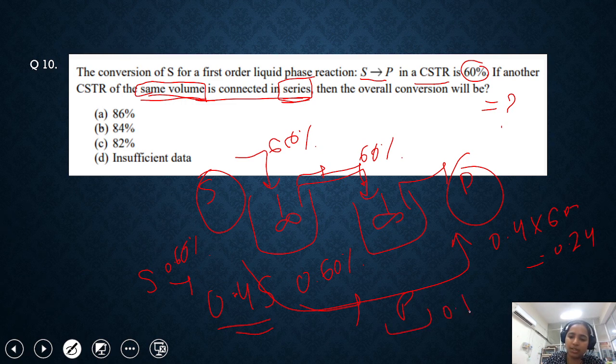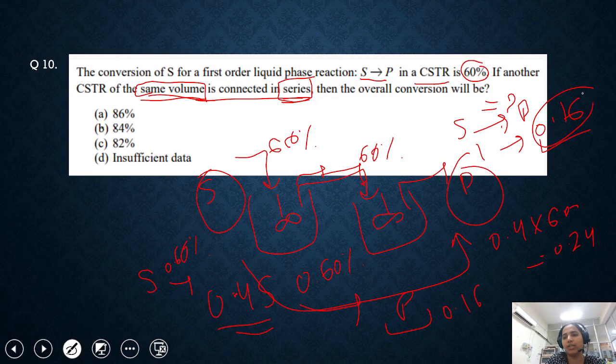It is 0.16. So what is happening here? From S to P, suppose this is 1, it means only 0.16 is remaining. So how much conversion is there? 1 minus 0.16, that is 0.84, or you can say 84% conversion is occurring, because this is left out after the two reactors. So how much is it converted? It is 84%.